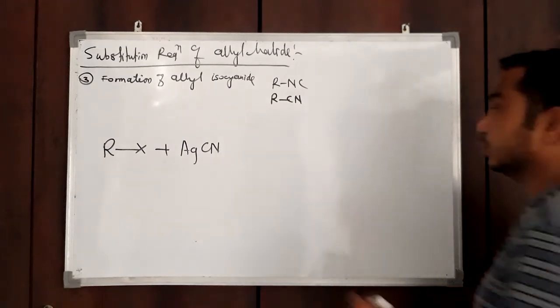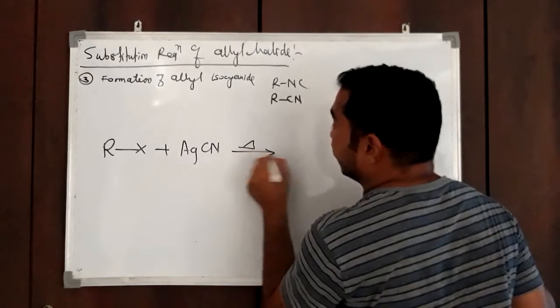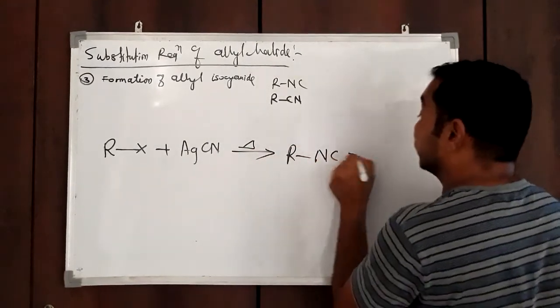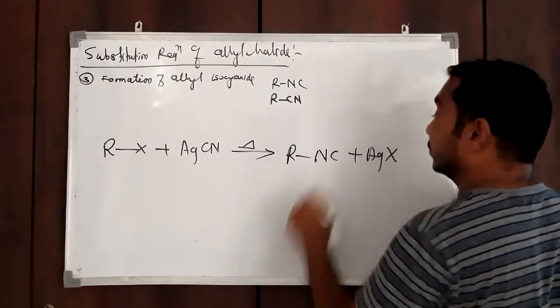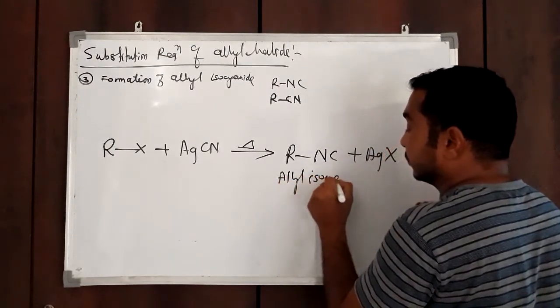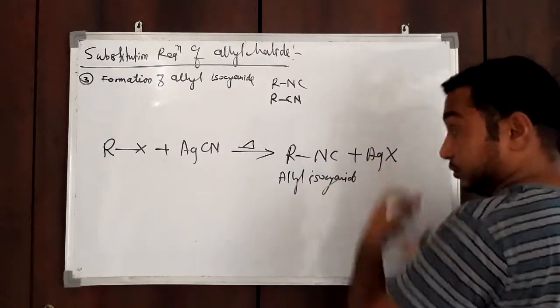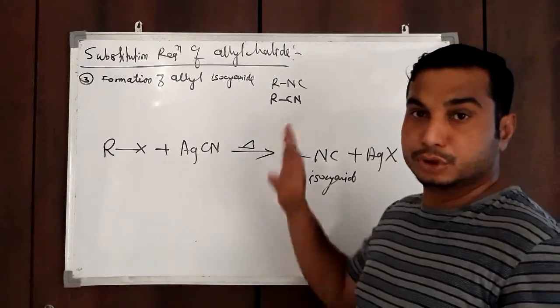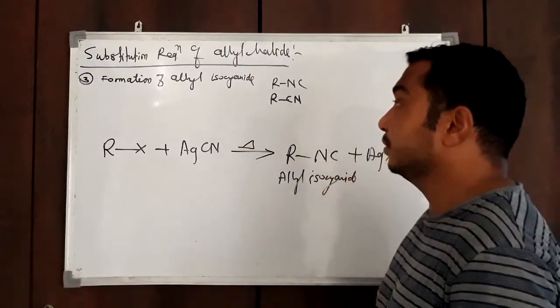Not alcoholic solution, simple solution of silver cyanide, just heat it, you will get RNC, not CN, NC, plus AgX. Okay, that is alkyl isocyanide molecule. Again, it is a nucleophilic substitution reaction, very simple method.